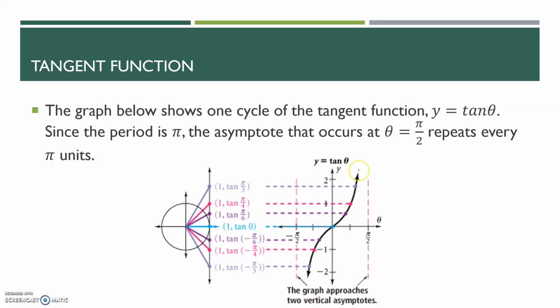It almost looks like a cubic function, actually. The graph below shows one cycle of the tangent function. Since the period is pi, notice I'm going from negative pi over 2 to positive pi over 2, a distance of a total of pi.